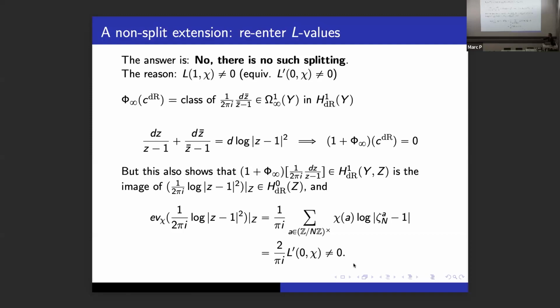We're just evaluating our function at our points, which is our roots of unity. And so we get visibly this expression that we've seen before as an explicit formula for the derivative at 0 of L0 of chi, or really the value at 1 of chi. And since we know that this is not 0, we've just seen that this extension is non-split.